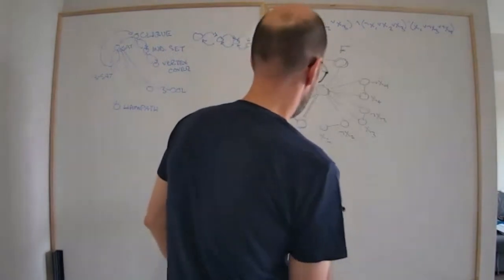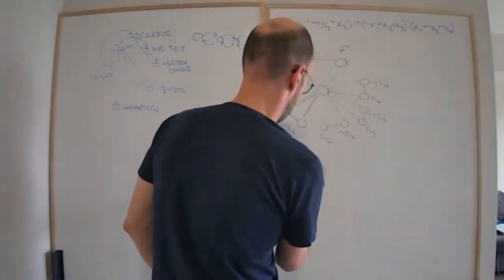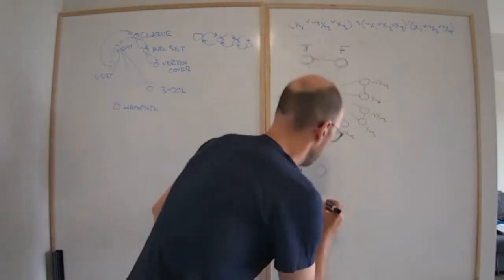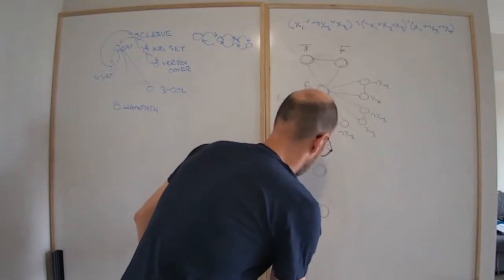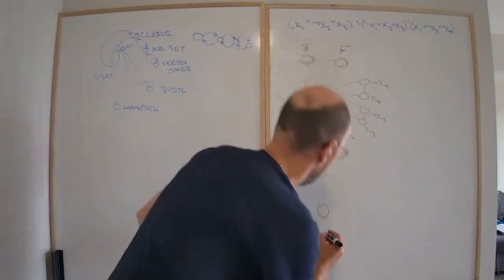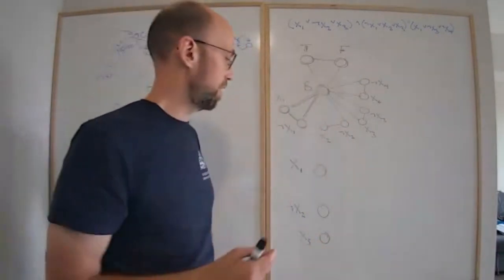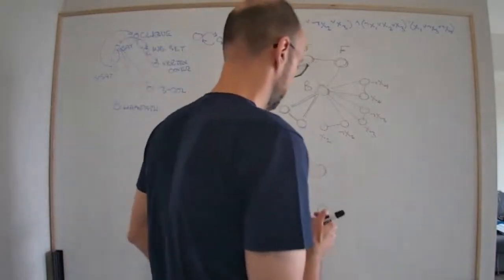So I'm going to have x1, let me make that bigger and darker, x1, and not x2, and x3. And don't worry if it's not on the high-res thing, it's all over the internet. And I think it's probably in the textbook.